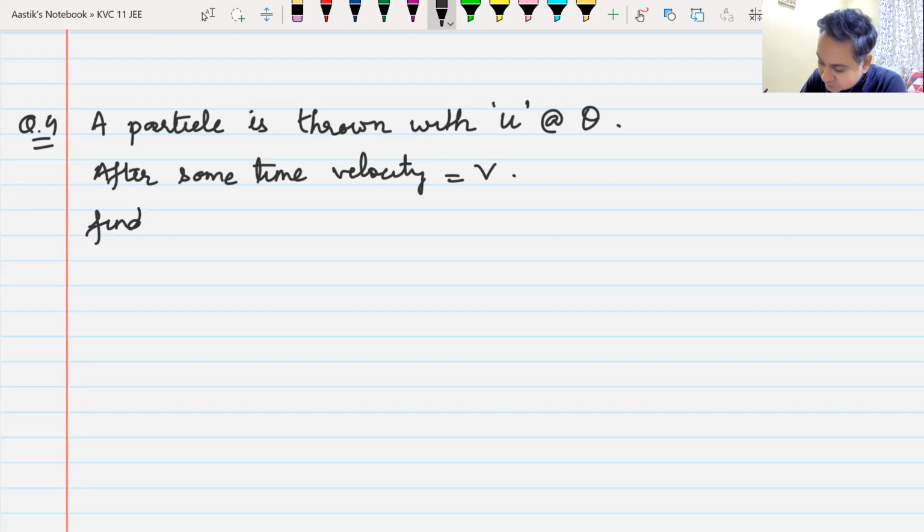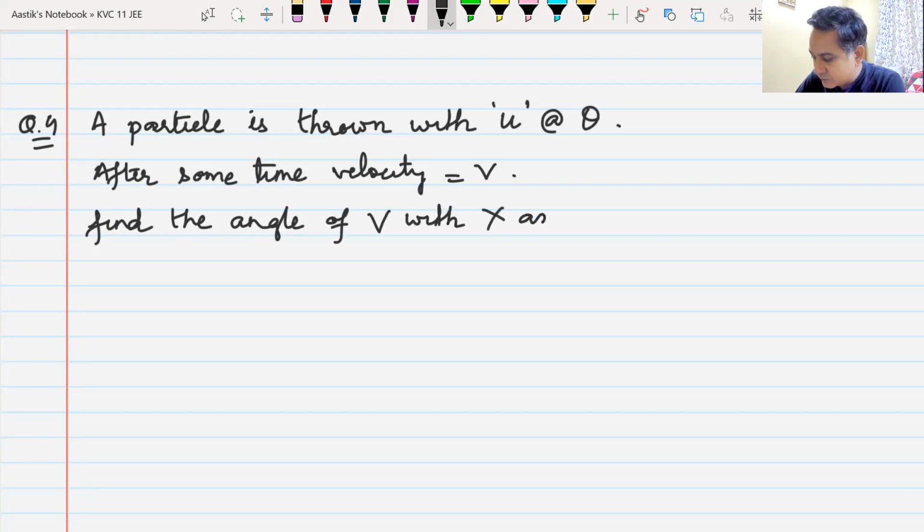Find the angle of v with the x-axis. So after some time, this velocity, it was initially u at an angle theta, now it becomes v. You have to find out what angle.